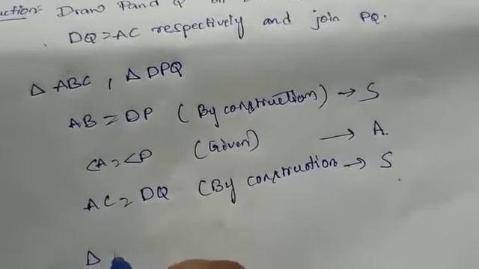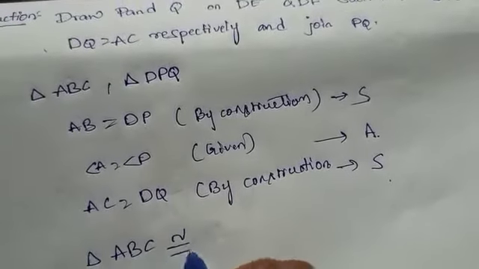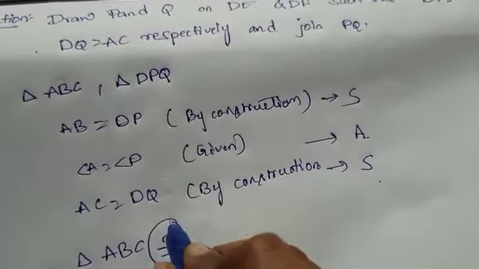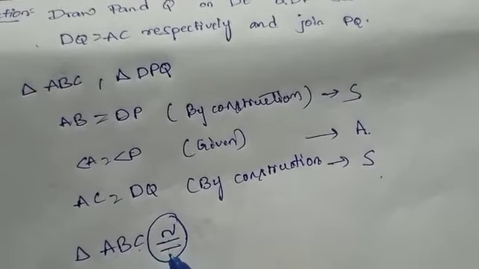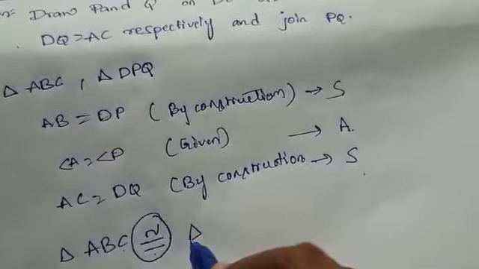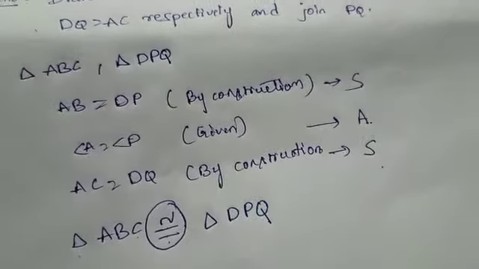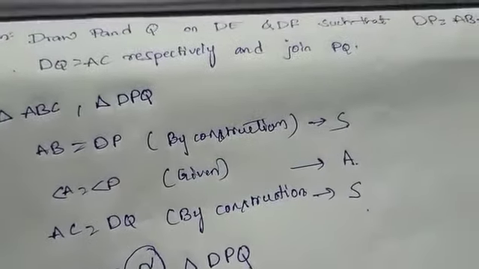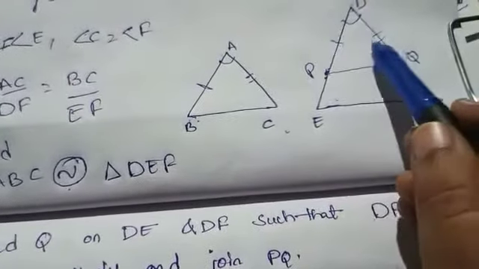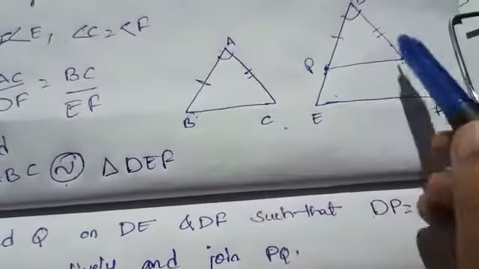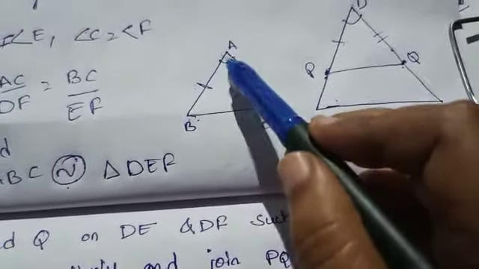Triangle ABC is congruent to triangle DPQ. This is the sign for congruent. We know congruent figures: if two figures are congruent, then their corresponding sides are equal and the corresponding angles are equal.